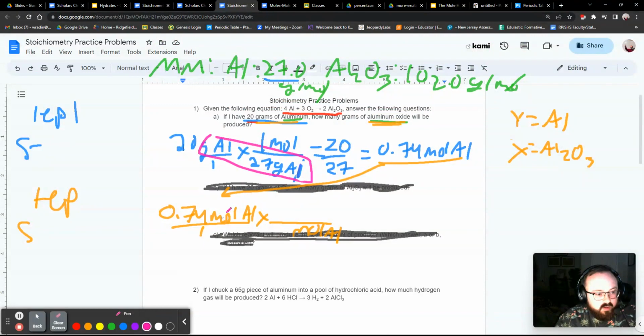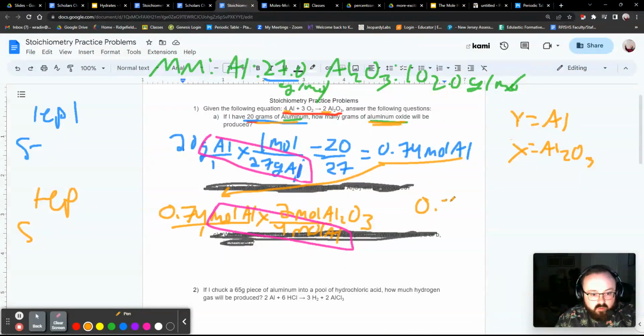We're gonna draw in our little box. On top, what I want: moles of Al2O3. My coefficient of aluminum is 4. My coefficient of Al2O3 is 2.